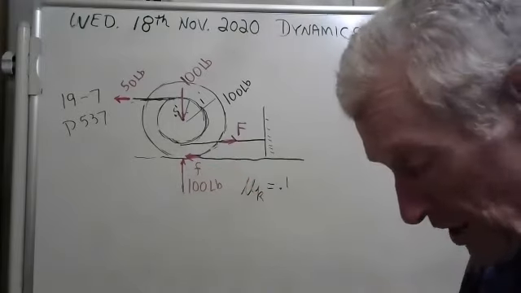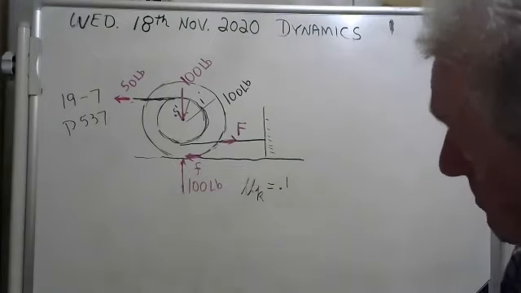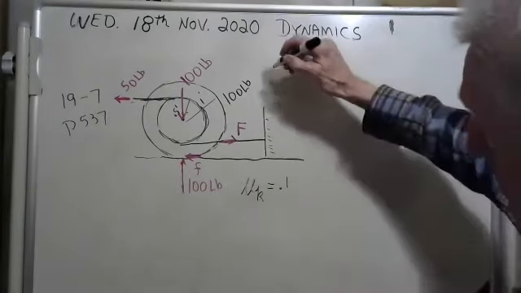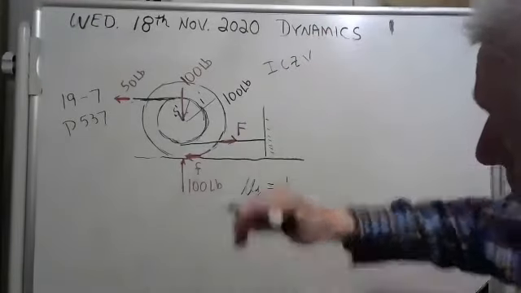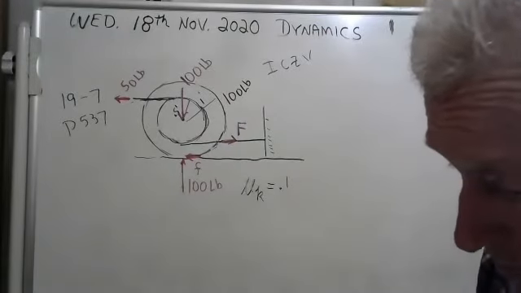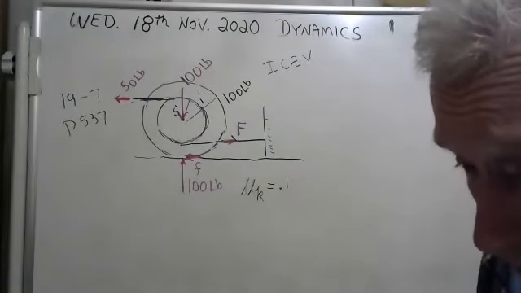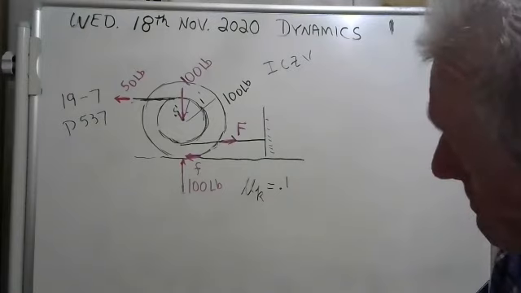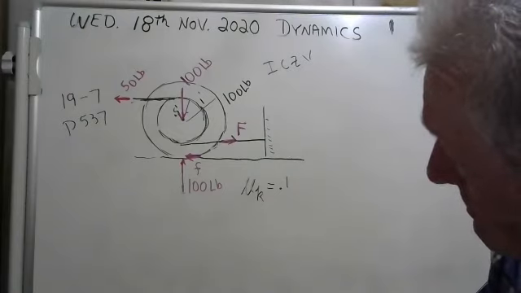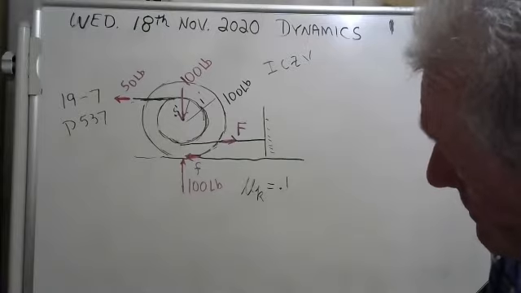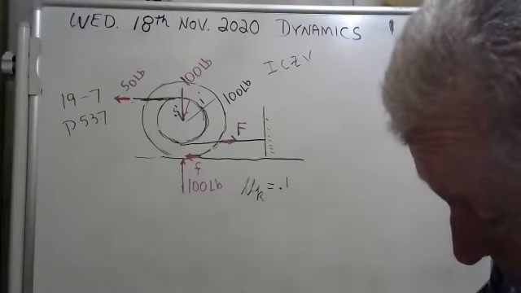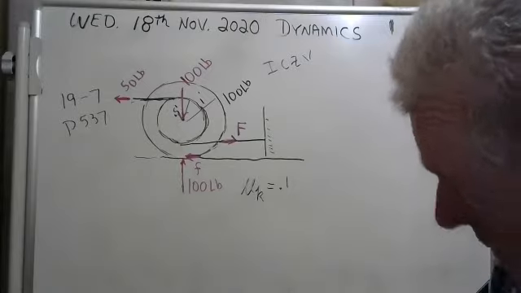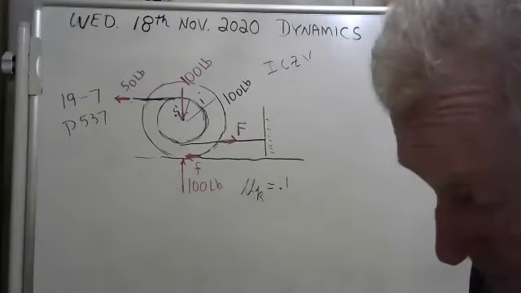Now, as long as I got Jackson on the line here, Jackson, there's an ICZV someplace for this wheel. Where is it? This thing is rotating, and it's rotating about a point.